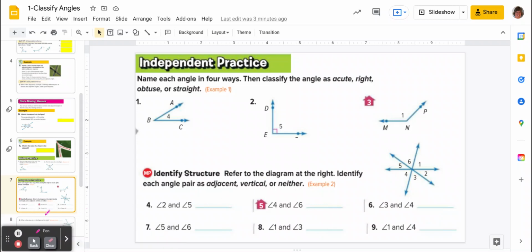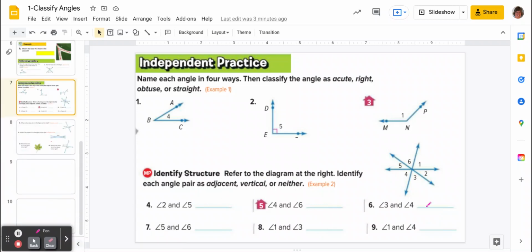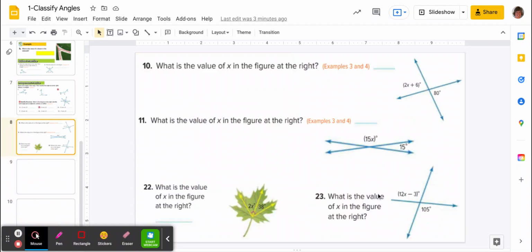Okay, looking at the next slide here. All right, what is the value of x in the figure at the right? You would set up your problem as 2x plus 6 equals 80. Number 11, what is the value of x in the figure at the right? This one's a little tricky.